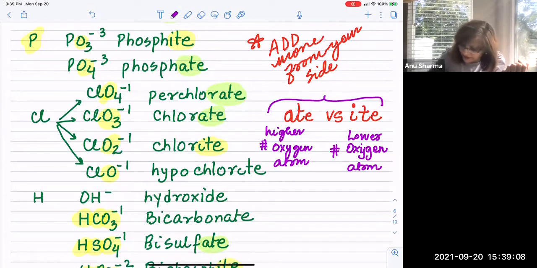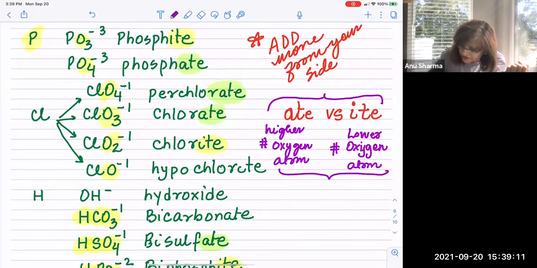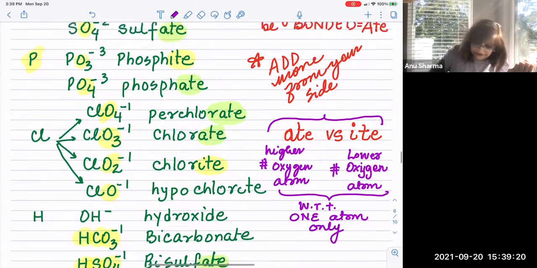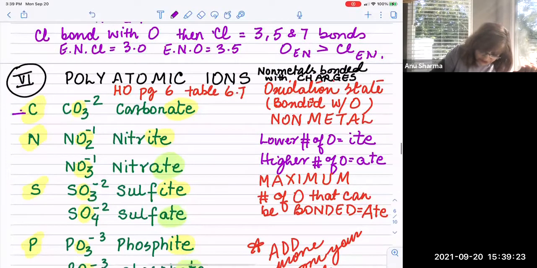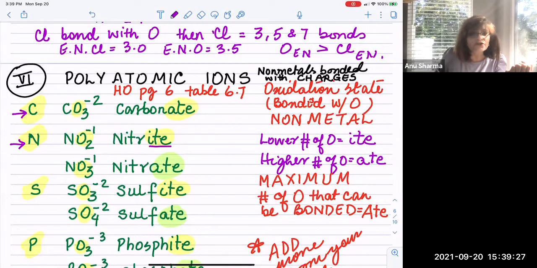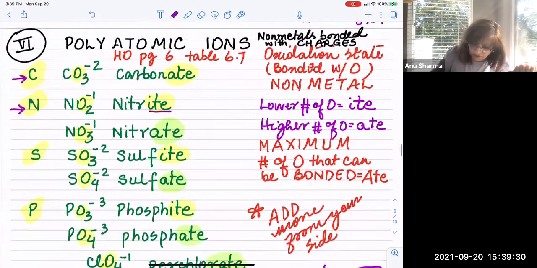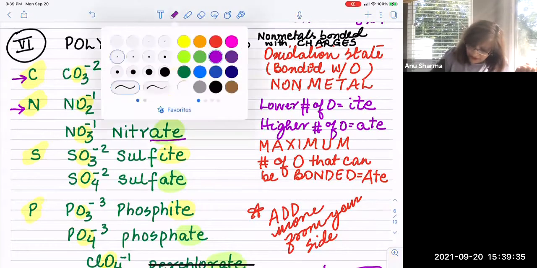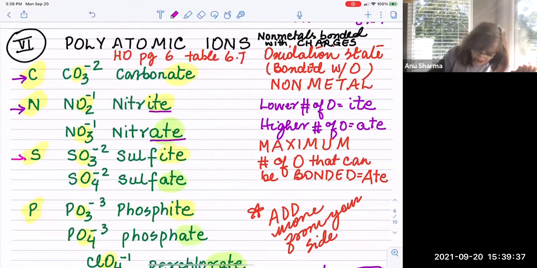So for example, you see nitrogen in a lower oxidation state has fewer oxygens, and in a higher oxidation state more oxygens with respect to nitrogen. Next, look at sulfur: fewer oxygens, and more oxygens.